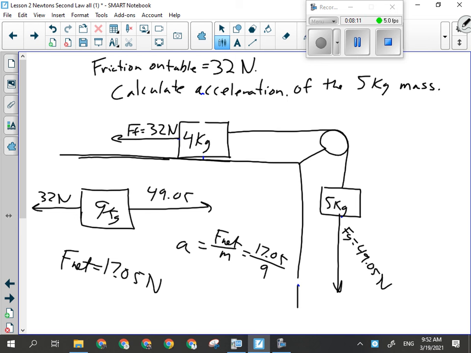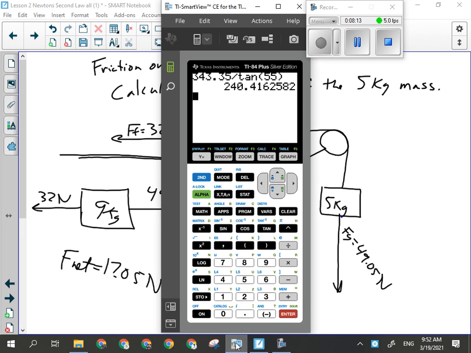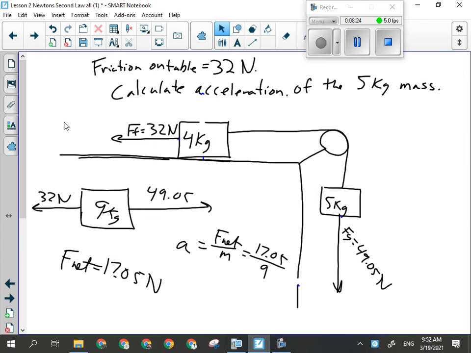So 17.05 divided by 9 gives 1.9, actually I only have one significant figure here, so 2 meters per second squared down would be my final answer. Because it asked about the 5 kilogram mass, I can put a direction on that.